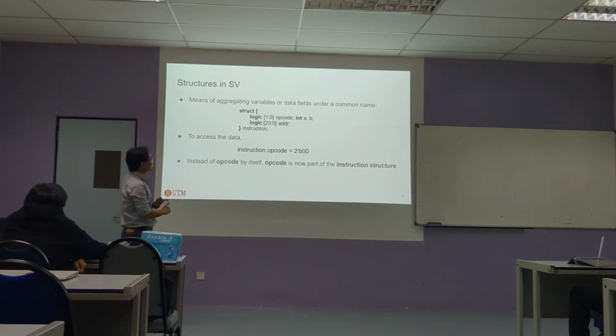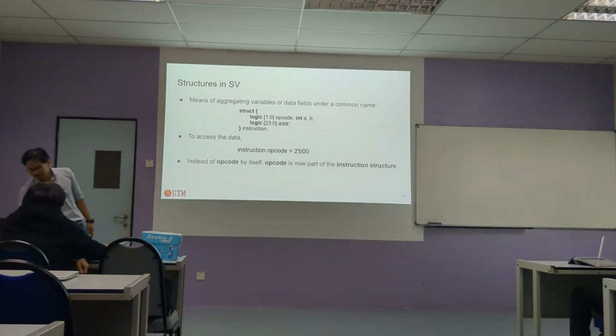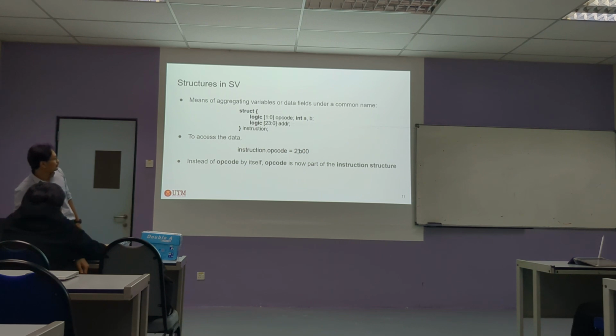So inside the instruction you have the output, integers A, B, and also the access. To access the data, let's say you want to write the output here, you go instruction dot output. So instruction dot output, you set the binary 0, 1, possibly 0, or 2-bit binary 0.